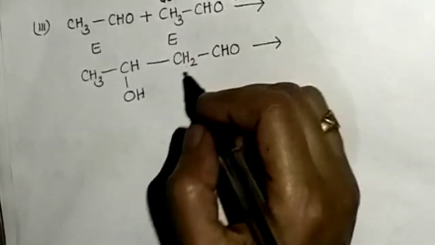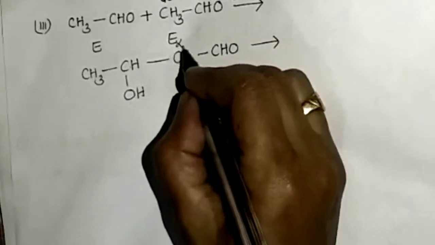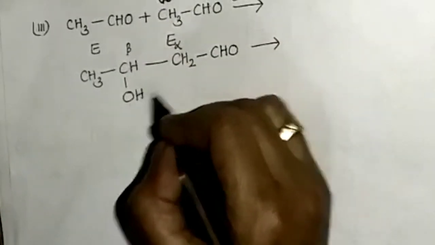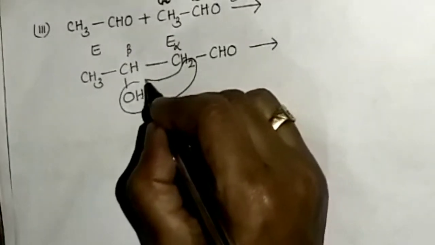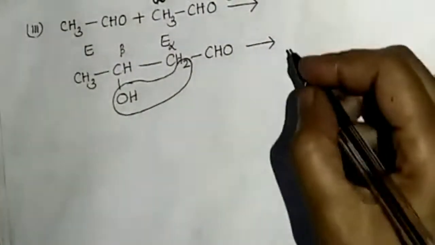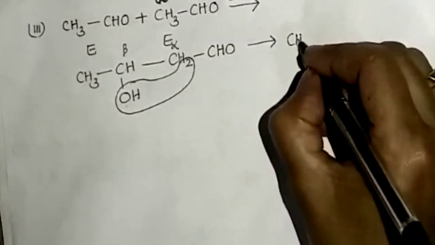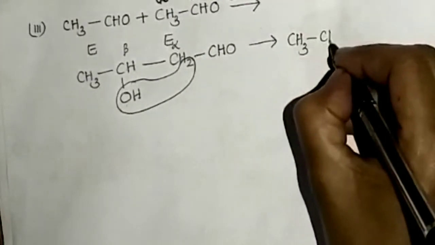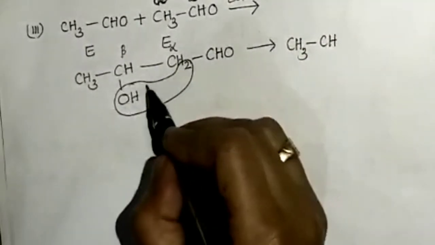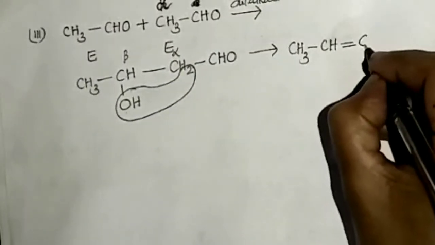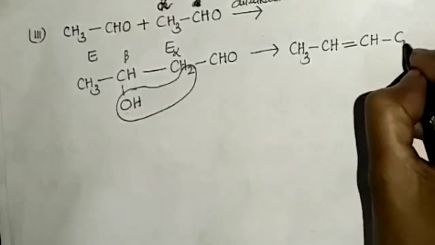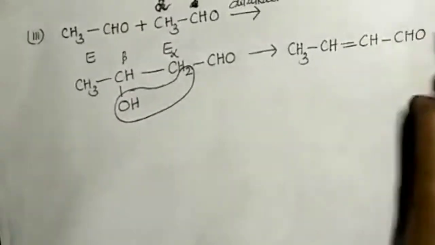Then here, alpha beta, from beta OH and alpha H, H2O elimination takes place, and we get CH3CH=CHCHO. This is another product.